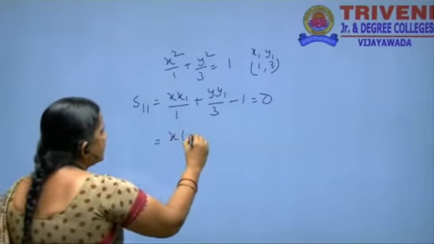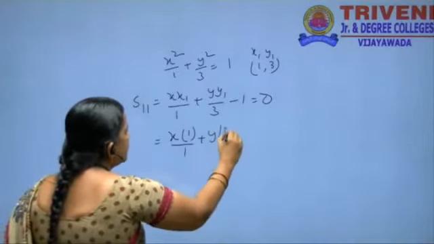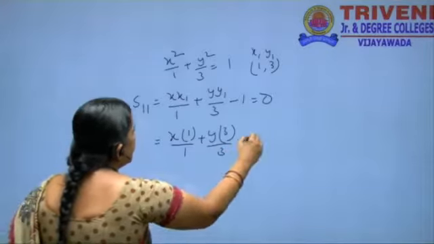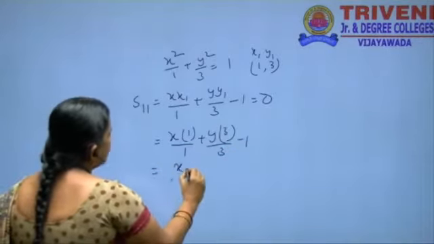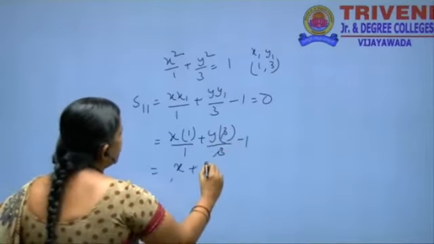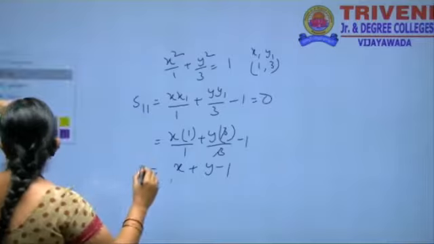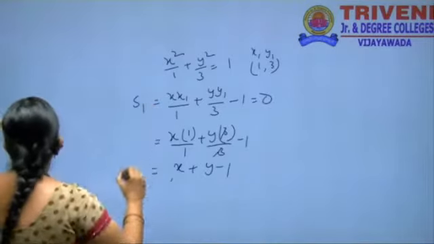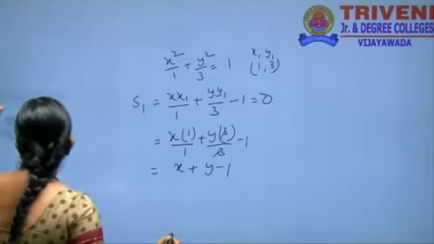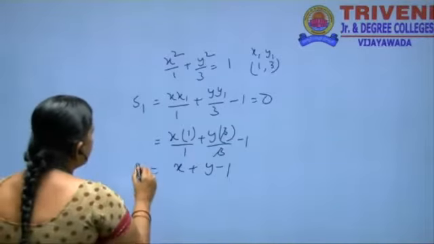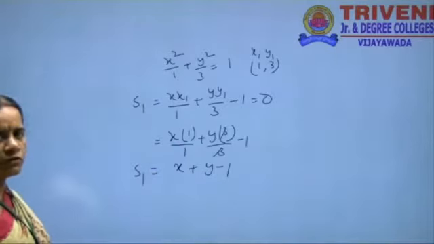We get x into 1 by 1 plus y into 3 by 3 minus 1, then x plus y minus 1. This is S1. The value of S1 is x plus y minus 1 is equal to 0.